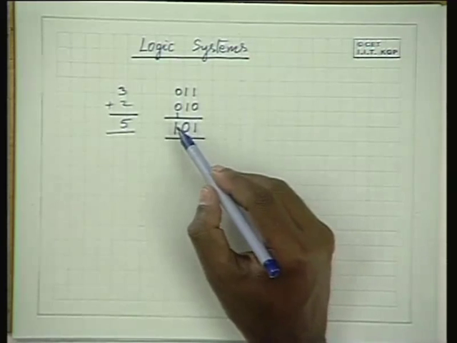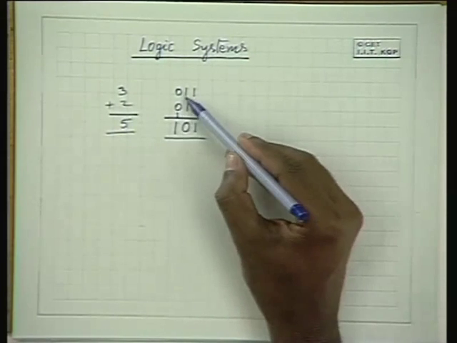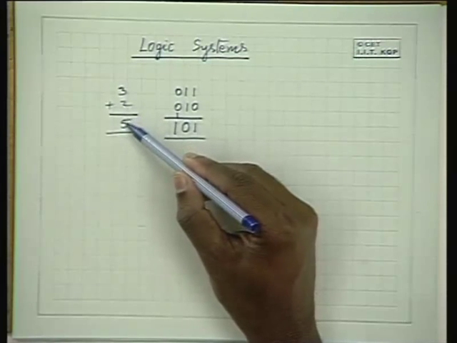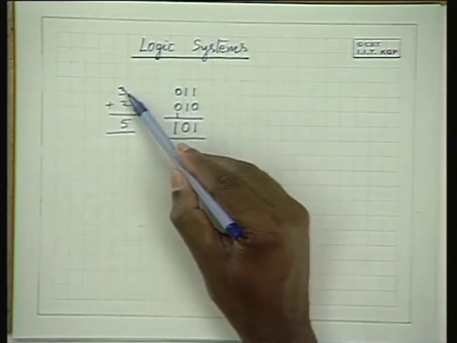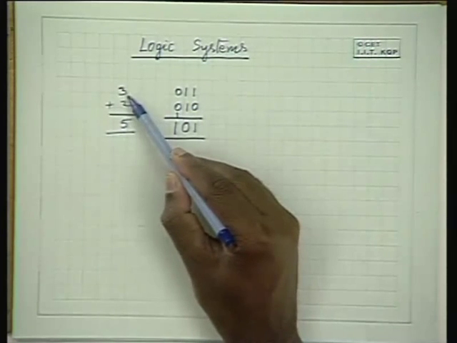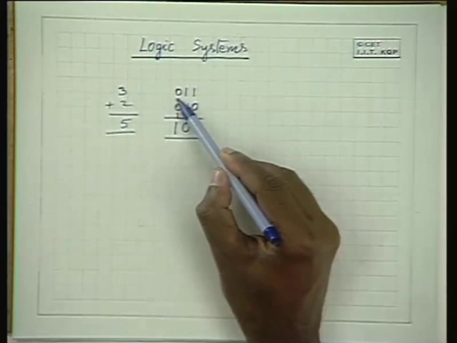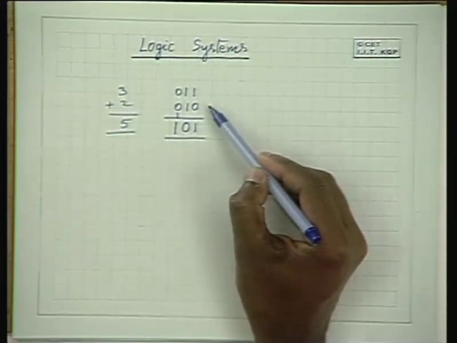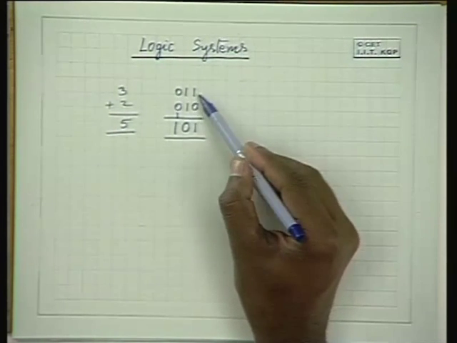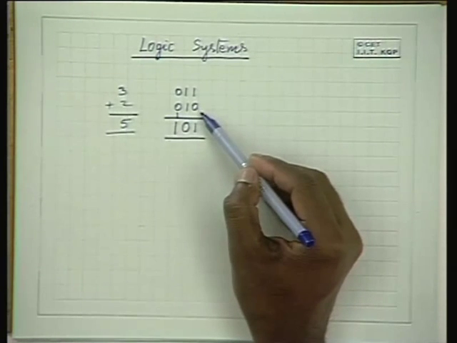This is a binary adder. So, I am adding 3 and 2 and the result is 5. The binary equivalent of 3 is 0, 1, 1. I am representing this decimal number 3 in a 3-bit binary number, that is 0, 1, 1. For 2 it is 0, 1, 0.